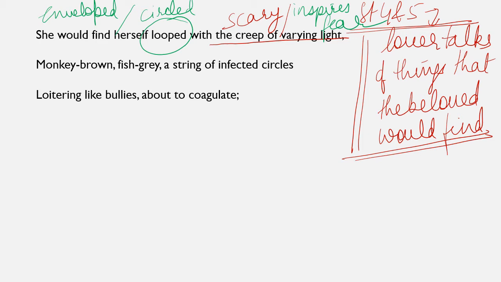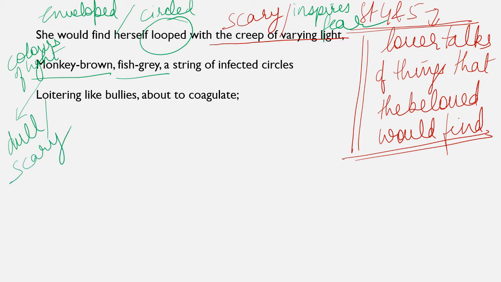And what kind of light is he talking about? These are the colors of light, and these are definitely not very beautiful colors. They are rather very dull colors which you can say create a scary atmosphere.